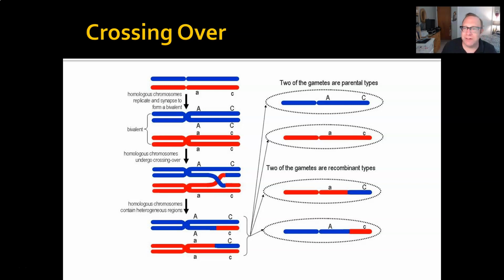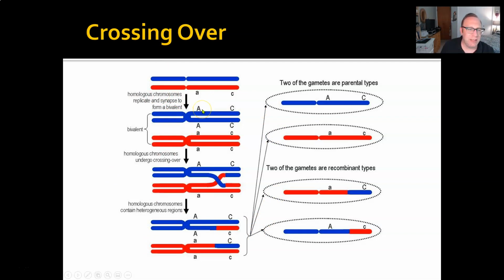So what crossing over does is it increases variation. As you notice here, on the top, we've got the blue chromosomes with a dominant A and a dominant C. We've got the red chromosomes with a recessive A and a recessive C. If we don't do the crossing over in these next two steps, in the final step, we're going to end up with exactly what we started with.